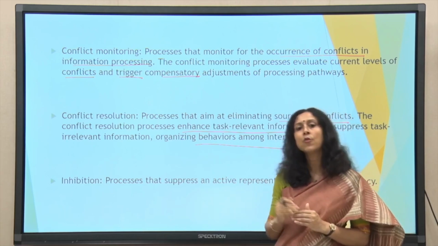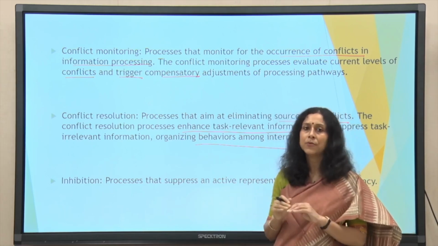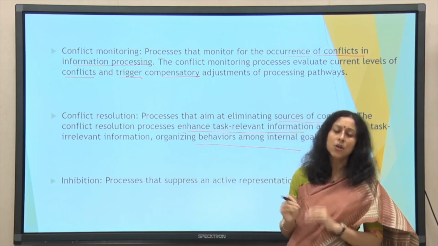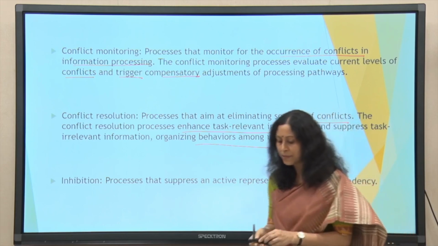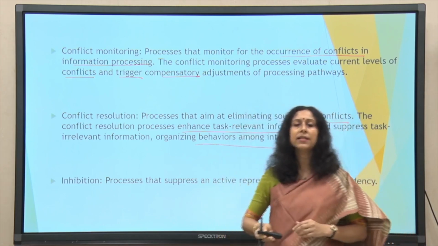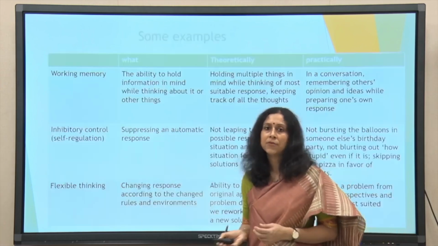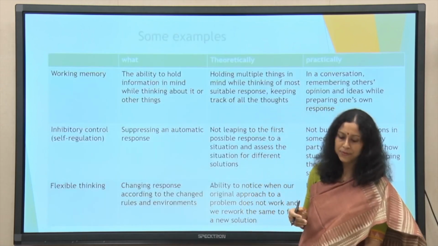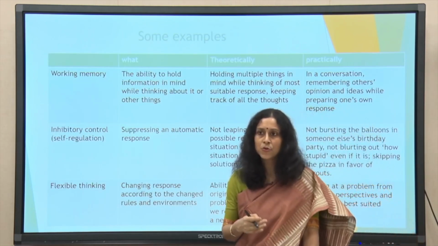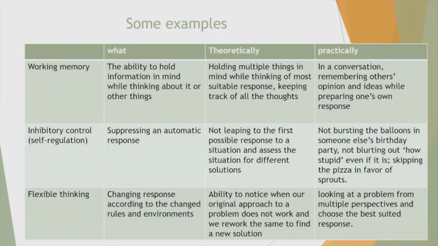So, the goal is to go to the library and study, hence you have to suppress your tendency to walk into the pizza shop. This is what we mean by inhibition. Inhibition is a very important component of executive function in order to achieve goals. So, here are some simple examples to show you what exactly it is all about.